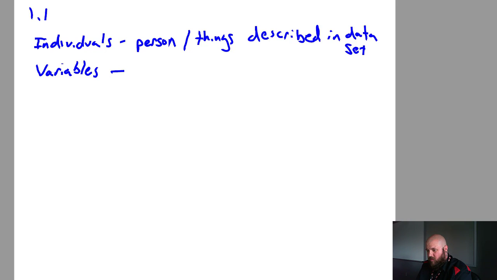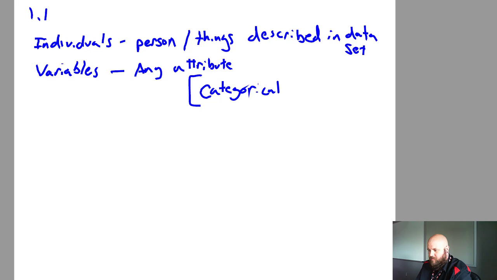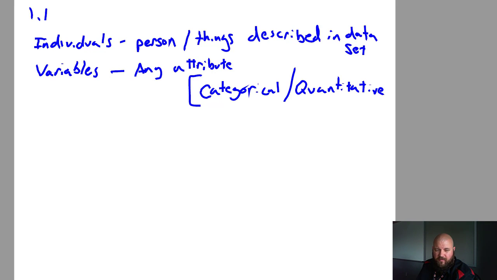So we're just saying any attribute, in which case those are classified as categorical or quantitative. Okay, so categorical or quantitative.